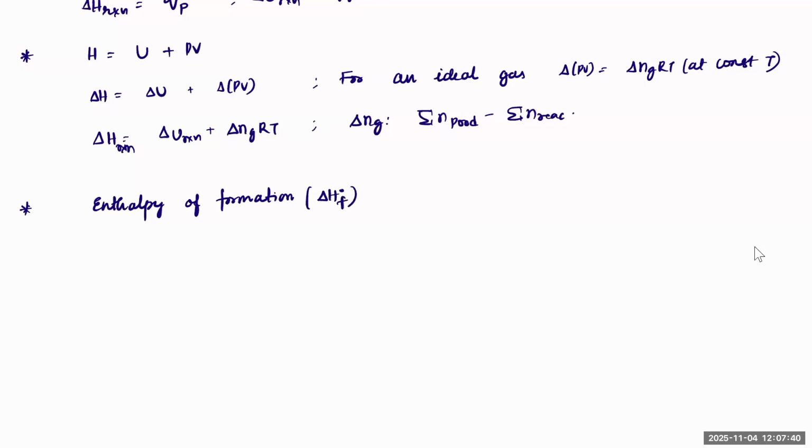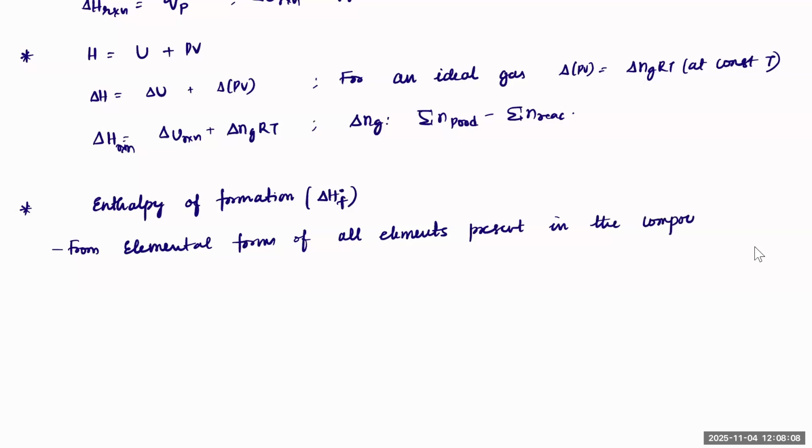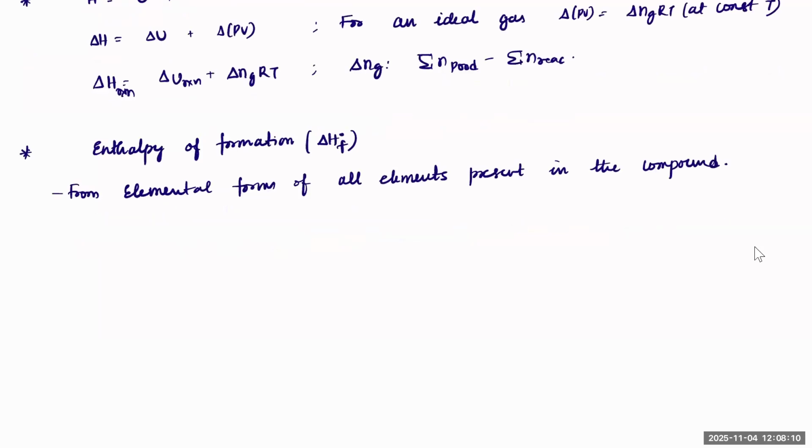Basically, for delta H of formation, we are trying to figure out formation from the elemental forms of all elements present in the compound. Everything should come from the elemental form of it.